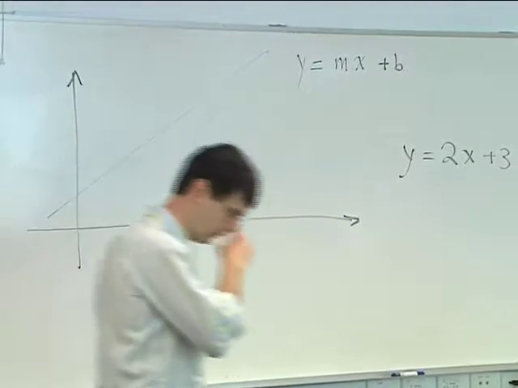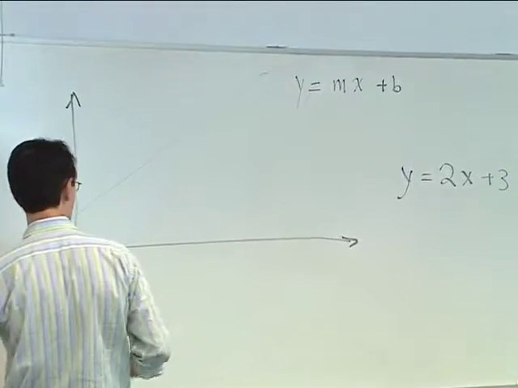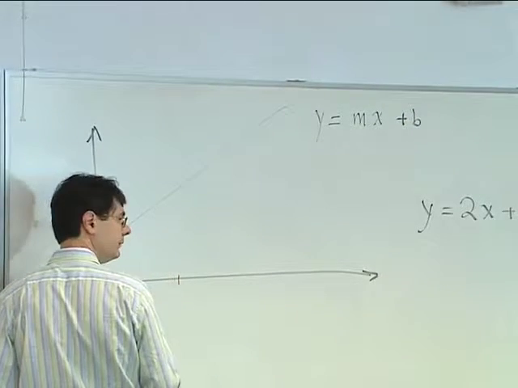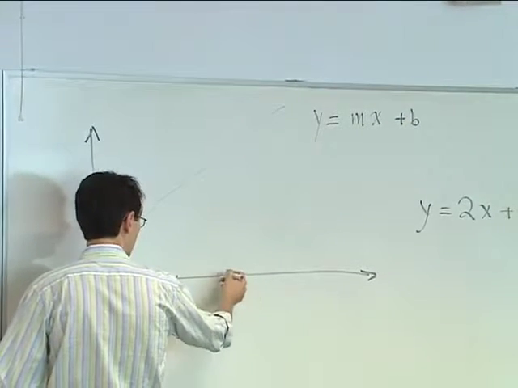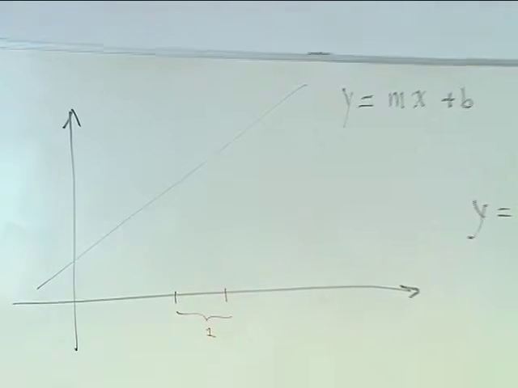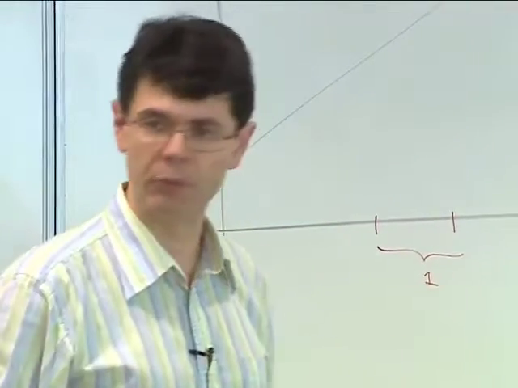Well, let's see. It does mean the following. Go anywhere you want, here, and then move 1 unit to the right. So this is 1 unit. So you have a horizontal displacement of 1. Check out your vertical displacement.